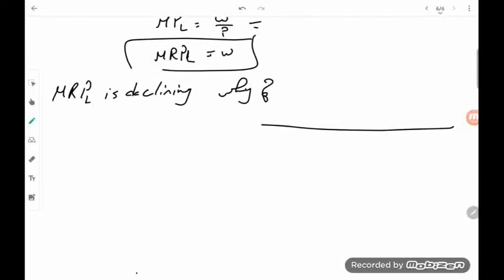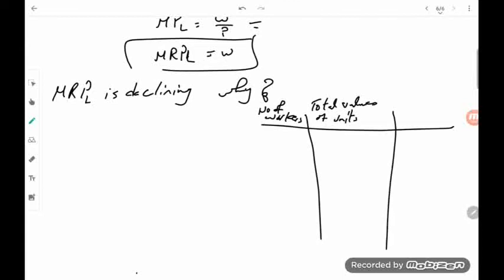So to illustrate this graphically, this is the number of workers. In case of marginal productivity of labor, we talked about the number of units produced. But here, we have to talk about total value of units produced. And this is marginal value or marginal revenue productivity of labor.